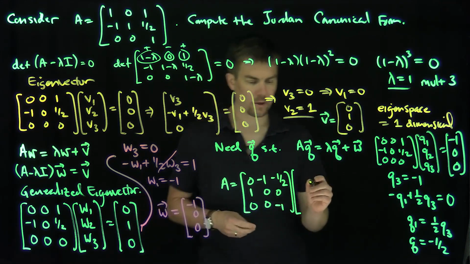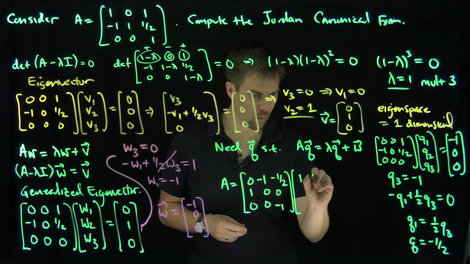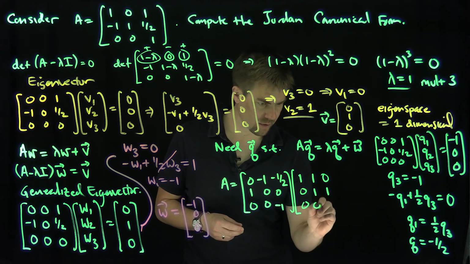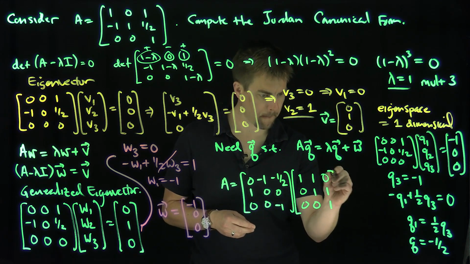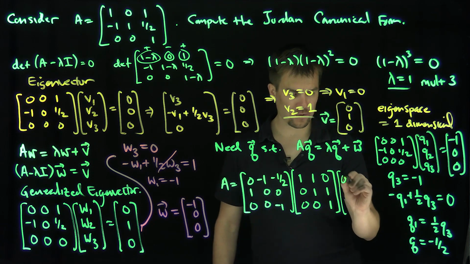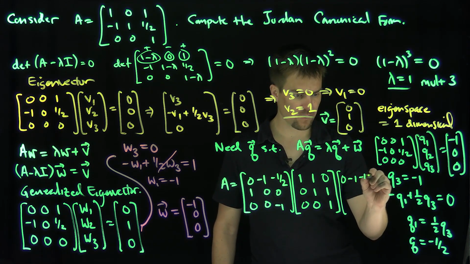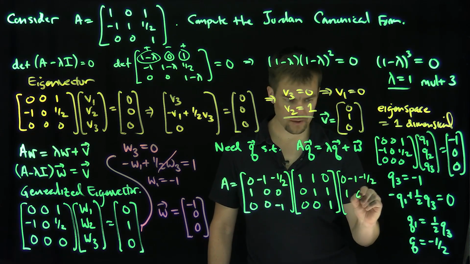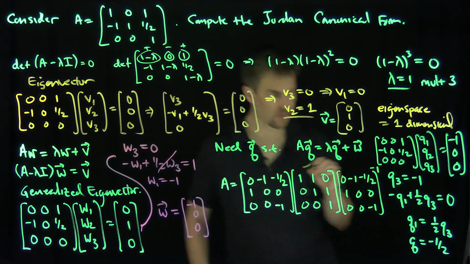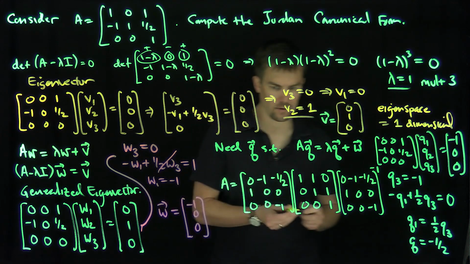Then the Jordan block: 1, 1, 0, then 0, 1, 1, then 0, 0, 1, like so. And then the inverse of the matrix: 0, negative 1/2, negative 1/2, then 1, 0, 0, then 0, 0, negative 1, inverse. Okay? And that is our Jordan canonical form.